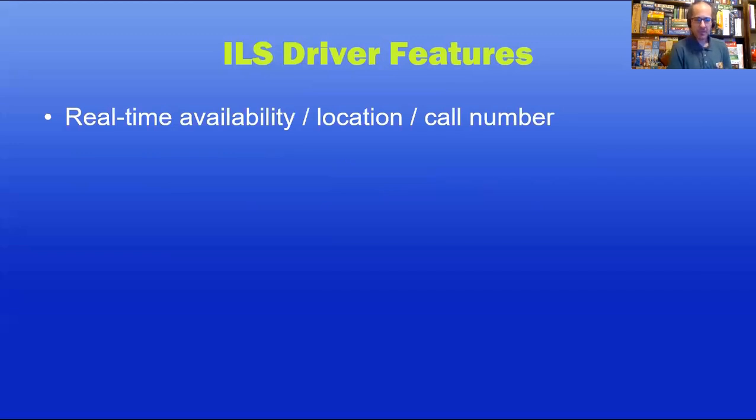So the VuFind index contains bibliographic data, but we need to rely on an ILS to get information about item level data, such as, is a book checked out? Is it on the shelf? Where is it located, etc. So VuFind uses an ILS driver to look up this information from your ILS in real time whenever a user wants to know the status of a particular bibliographic record.